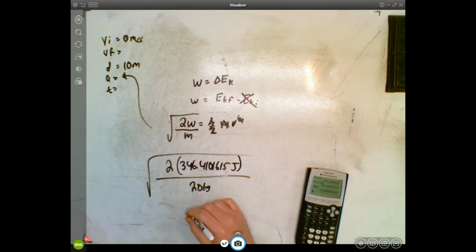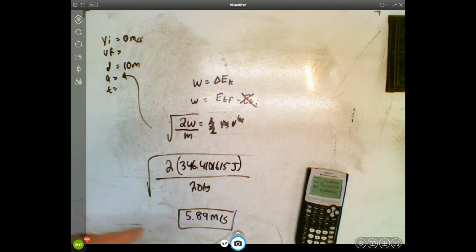And we get our final speed to be 5.89 meters per second. Okay, so you can use VIVFDAT, but there are a lot more options with this.